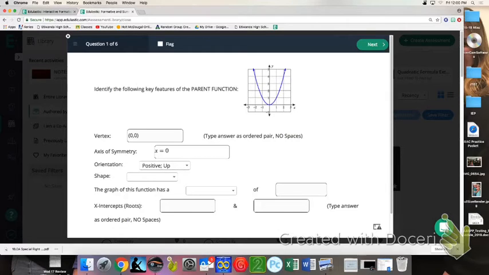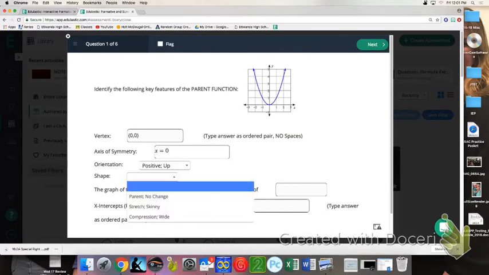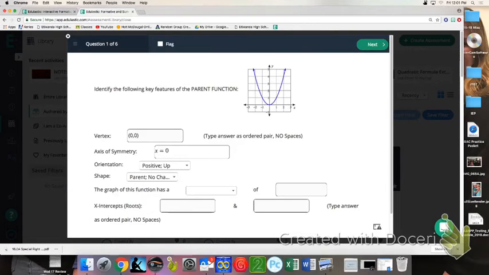If I have to go up 2 and over 1, I don't have something that's the same width. If I have to go up 1 and over 2, I don't have something that's the same width. But if I go up 1 and over 1, then I have something that is just like the parent function. It's no wider and no skinnier. Okay?